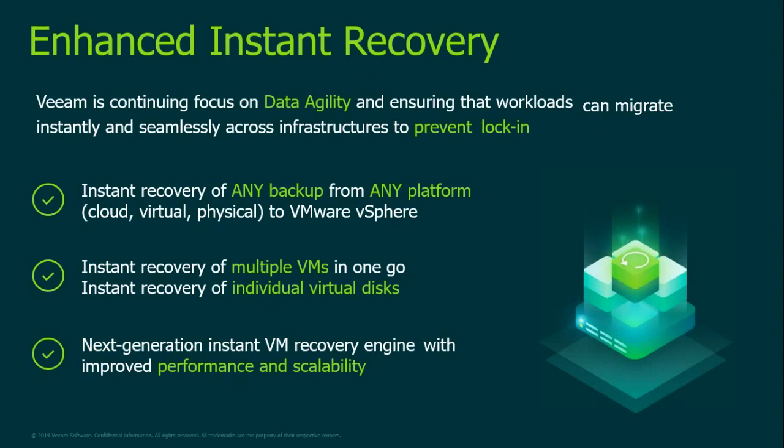In that scenario, let's say your physical server goes down. You can instantly recover any workload, any cloud, any virtual, any physical workload, to a VMware vSphere in seconds. It's called instant recovery. See guys, I'm not locking you into any hypervisor or any hardware.